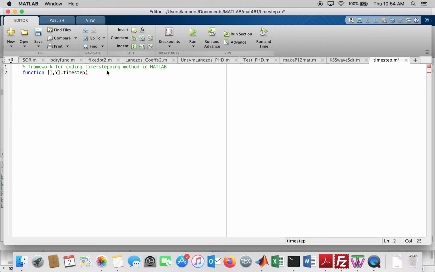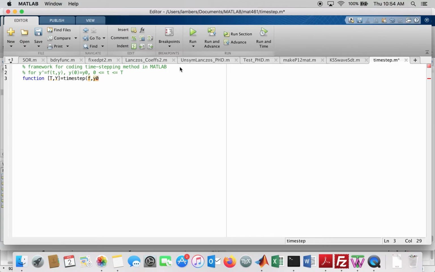So I'll have a function f. y prime equals f of t, y, y of 0 equals y naught, and time stepping from 0 to capital T. So I could take as parameters not the exact same things as in ode23. We're assuming initial time is 0. So initial value, I'll make sure this is consistent with the homework.